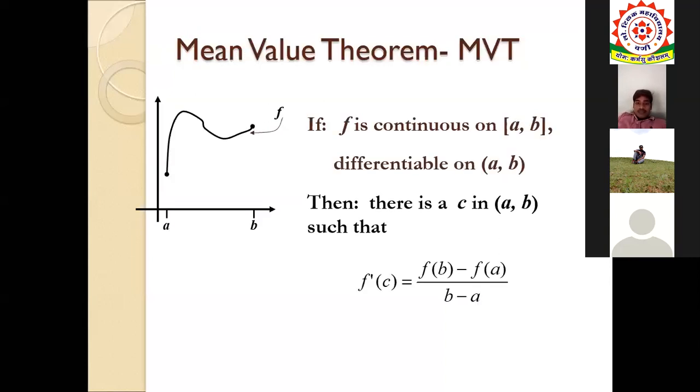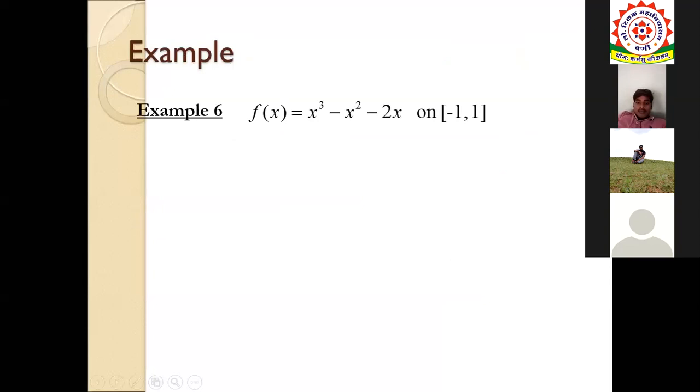Some examples of the mean value theorem: x cube minus x square minus twice x, on the interval -1 to 1. Okay, in this one the procedure is again similar, but here we have to find c such that f dash of c is equal to f of b minus f of a upon b minus a.